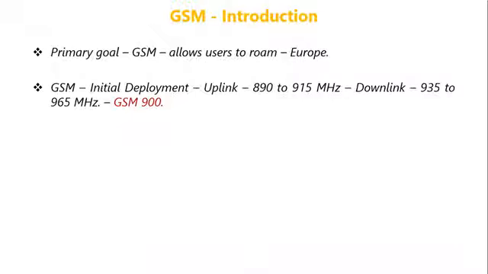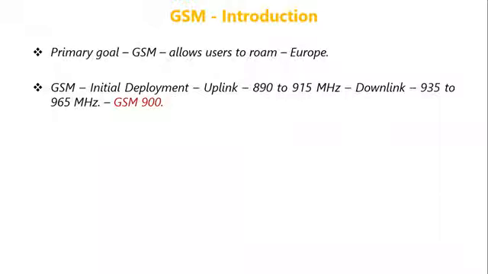The initial deployment of GSM was also called GSM 900, and typically it worked with a frequency of 890 to 915 megahertz for uplink, and 935 to 965 megahertz for downlink. So that GSM is called GSM 900.